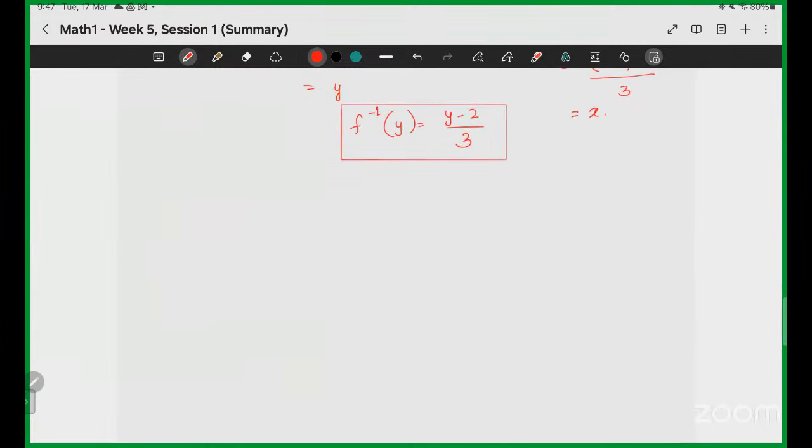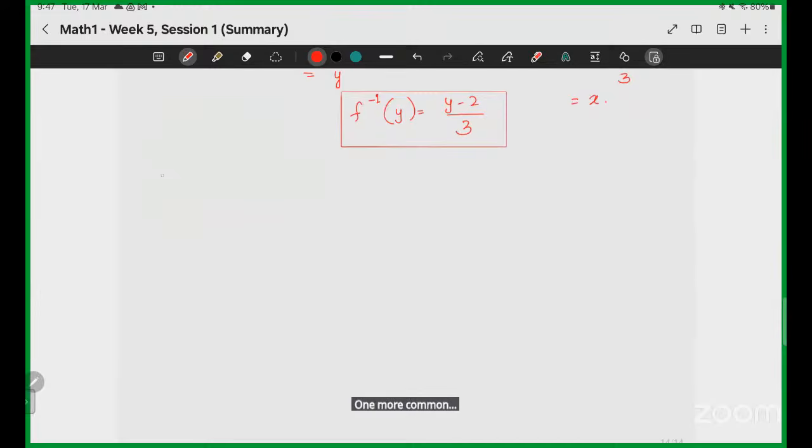Now, one more common theme of problems is something of the form x minus 1 by x plus 1. Now, what is the domain of f? R minus minus 1.